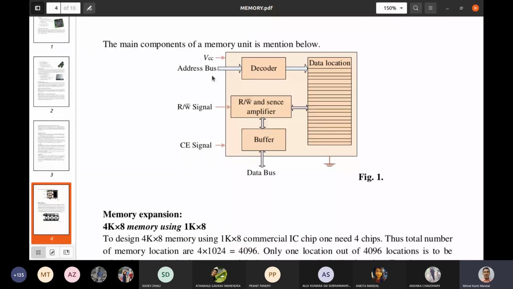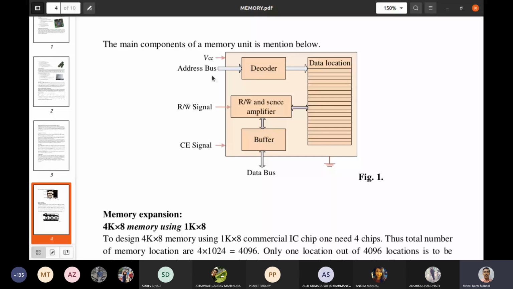Then after identifying the particular location, the sense amplifier will shift this data from the buffer to that particular memory location. Or for reading purposes, the sense amplifier will determine that particular memory location, and data from that location will transfer to the buffer, and the data bus will be responsible for transferring the data to a particular output or for processing, right?